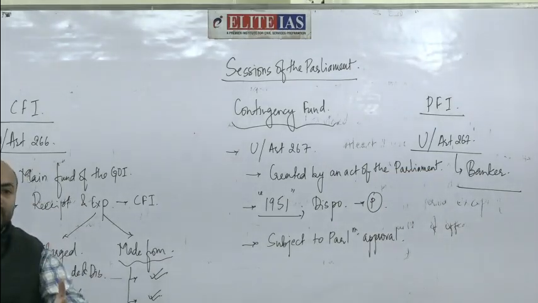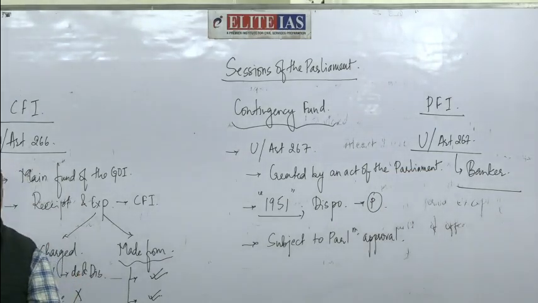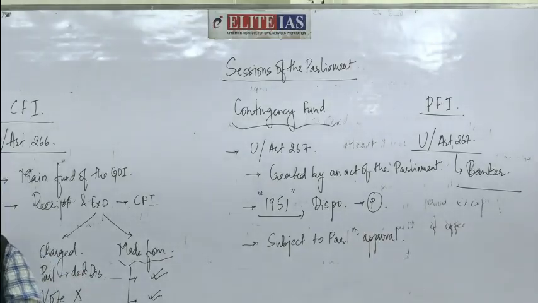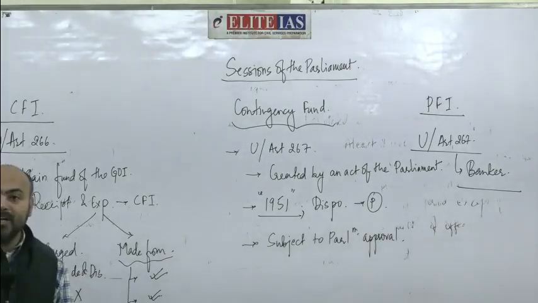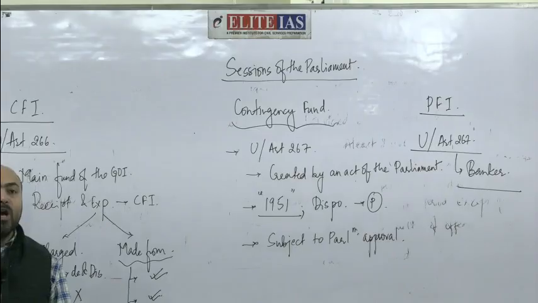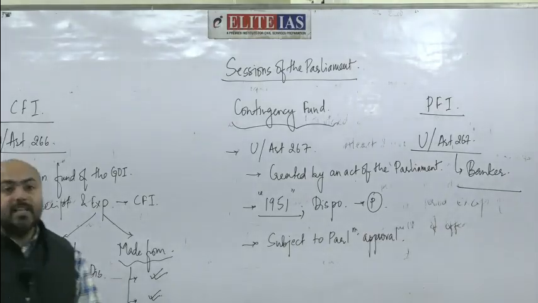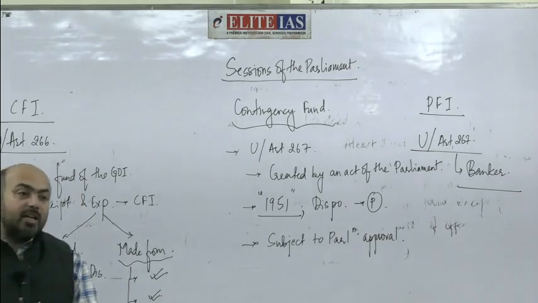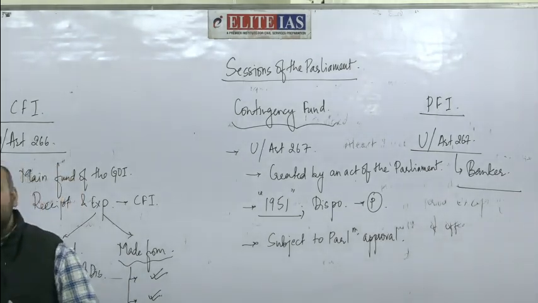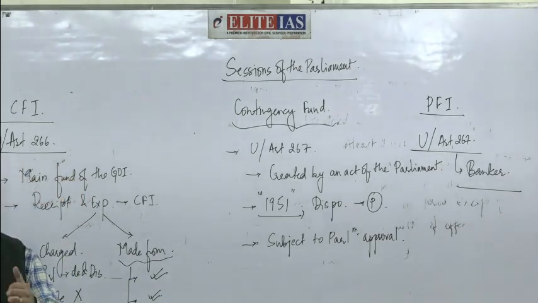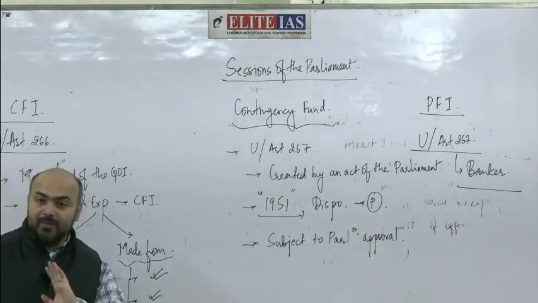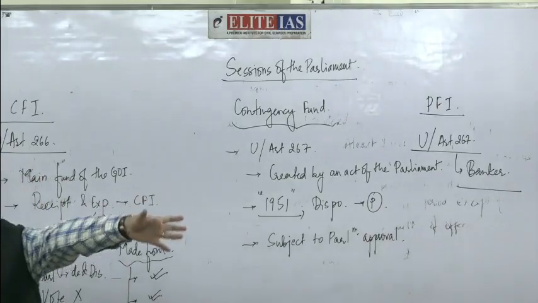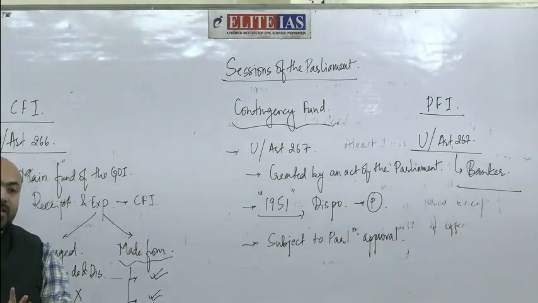Now we know what these four bills are: what is an ordinary bill, what is a money bill, what is a financial bill, and what is a constitutional amendment bill. What we have discussed points us to a fact that in the case of an ordinary bill, a financial bill, and a constitutional amendment bill, there can exist what is called a constitutional deadlock, which means one of the houses passes the bill but the other house rejects it.